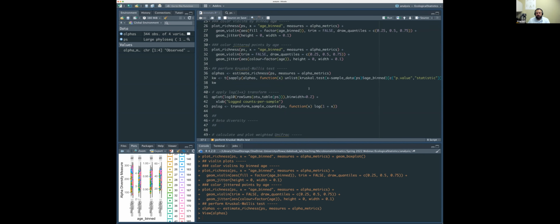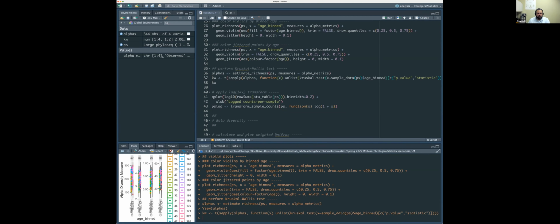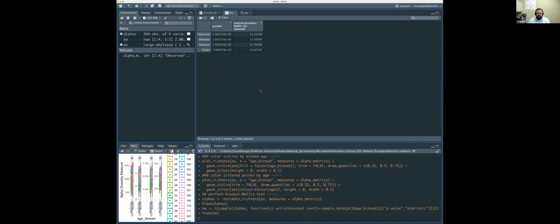And so then we can go and run the Kruskal-Wallis test on these, which we can view. It gives us group-wise significance for each of them separately. So this doesn't give us pairwise significance. It just tells us that at least one of the 3 groups, young, middle-aged, or old mice, were different from one of the other ones.